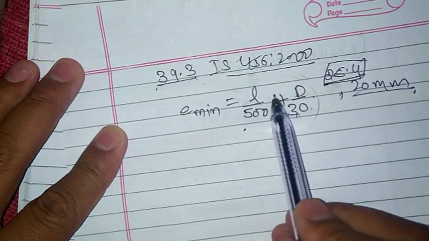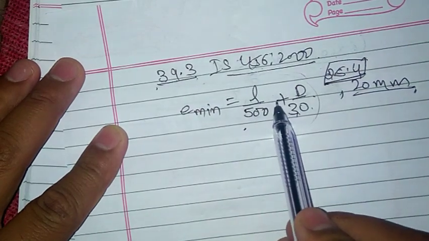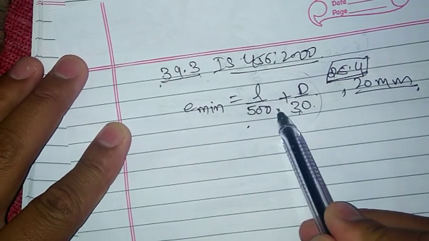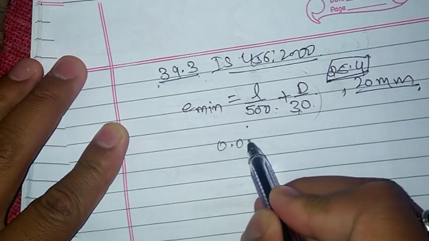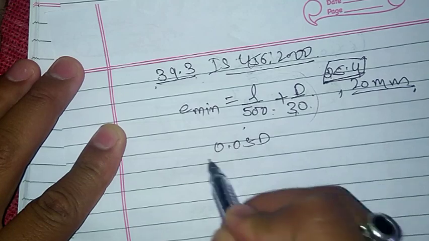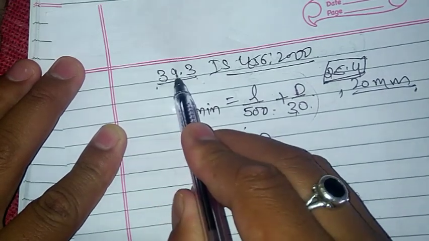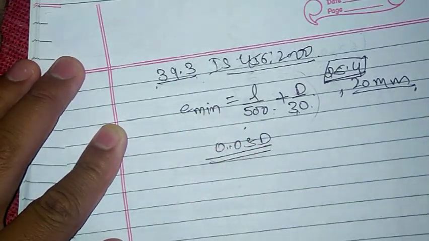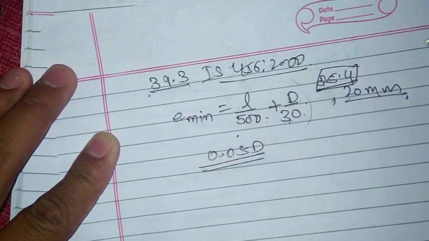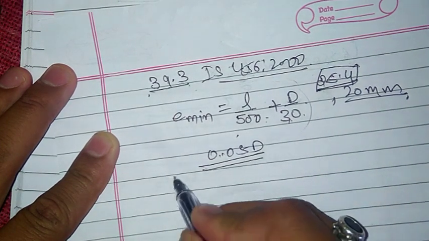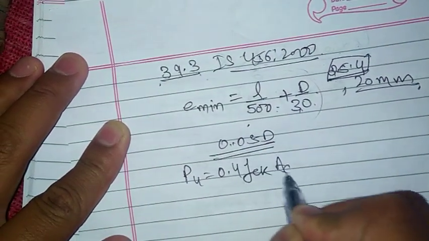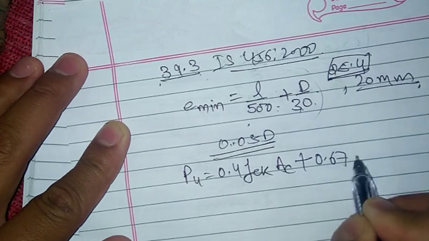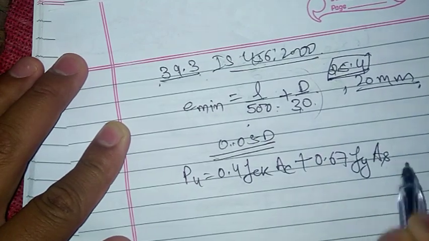If the calculated minimum eccentricity is less than or equal to 0.05 D, as mentioned in clause 39.3, then the code permits the design of a short axially loaded compression member using the equation Pu equals 0.4 fck Ac plus 0.67 fy Asc.